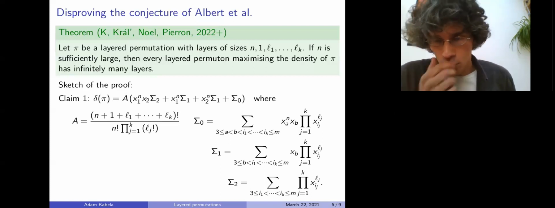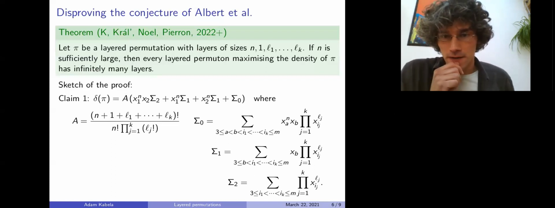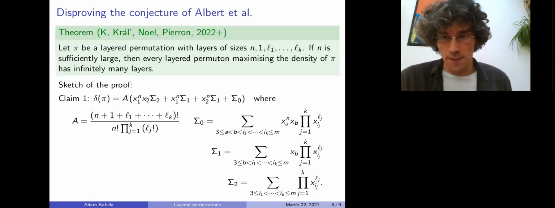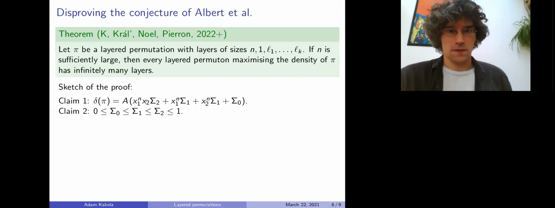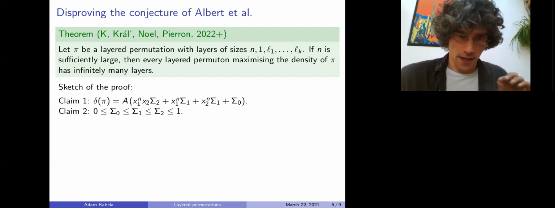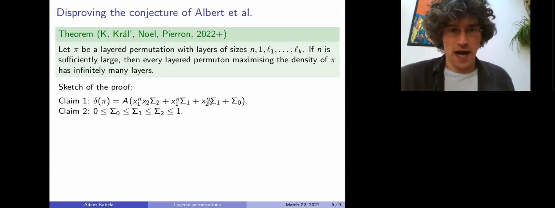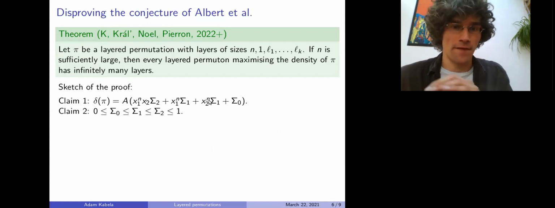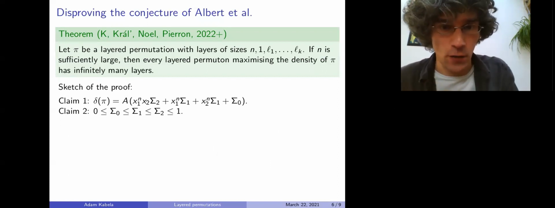The second step would be to think of these capital sigmas, of these auxiliary sums. We note that all the sums are positive, all the sums are at most one, and there's a chain of inequalities.